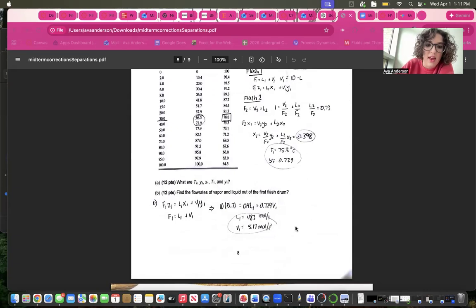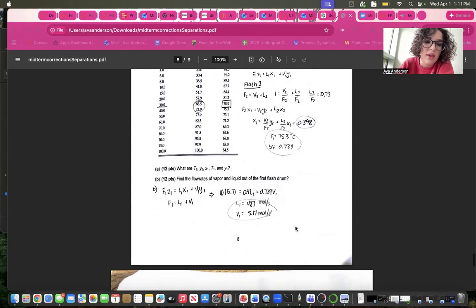That's part A. And to find the flow rates of vapor and liquid out of the first flash drum, just look at F1 Z1 equals L1 X1 plus V1 Y1. And you can also use the equation F1 equals L1 plus V1. Just using those two equations, you can plug in 10 times 5.7 equals 0.4 L1 plus 0.729 V1.